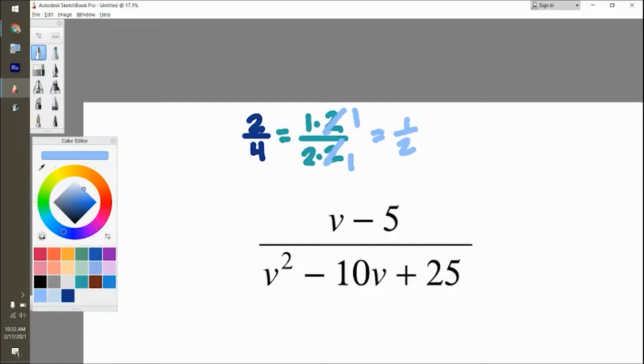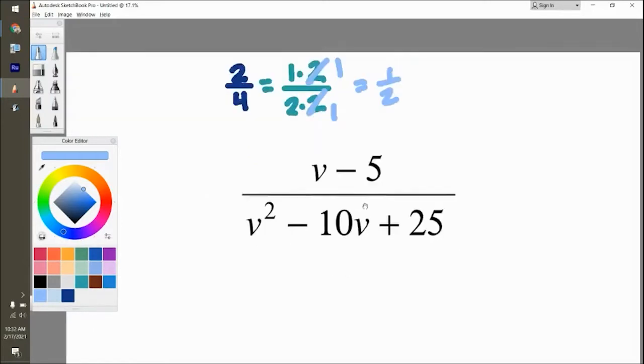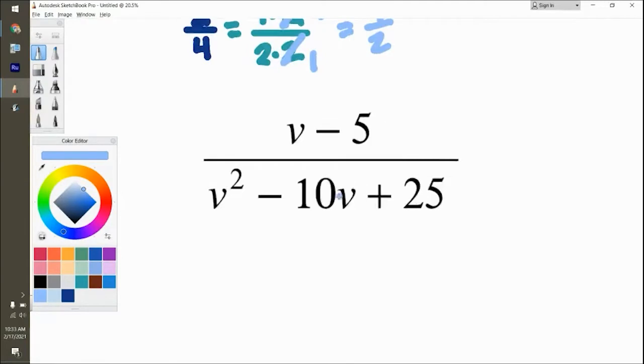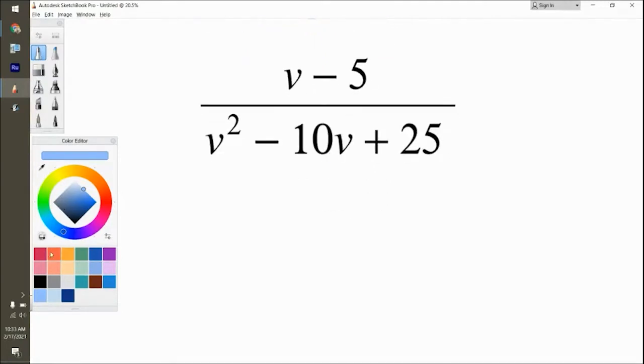This is the exact same process that we're going to use to simplify this rational expression right here. Okay, we're going to factor everything first, and then see if anything cancels out. Once we figure out if it cancels out or not, then we have the answer. Okay, so let's do that. If you notice this top part here, this v minus 5 is already factored, so we do not need to worry about factoring that. So I'm just going to rewrite it here. It's going to be equals v minus 5.